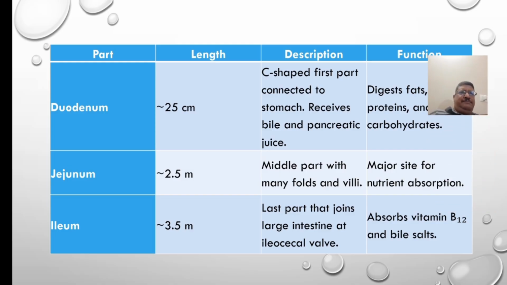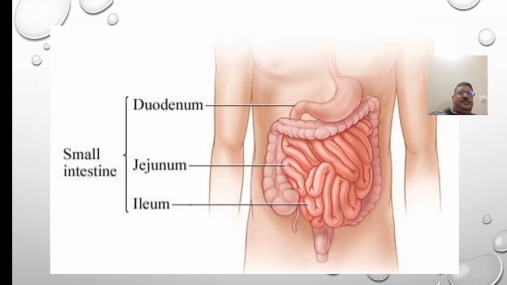Jejunum, 2.5 meters, the middle part with many folds and villi, is the major site of nutrient absorption. Ileum, 3.5 meters, is the last part, which joins the large intestine at the ileocecal valve and absorbs vitamin B12 and bile salts. So this is the structure of the small intestine: duodenum, jejunum and ileum.